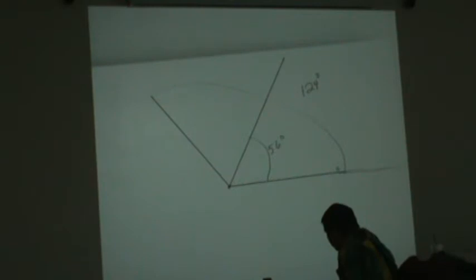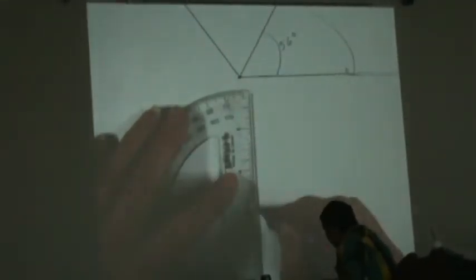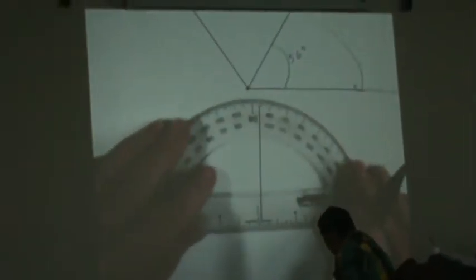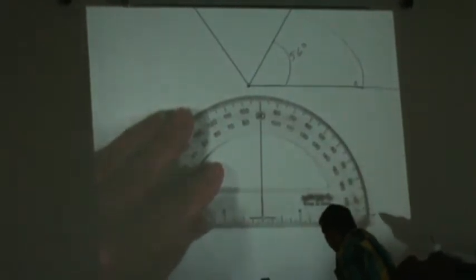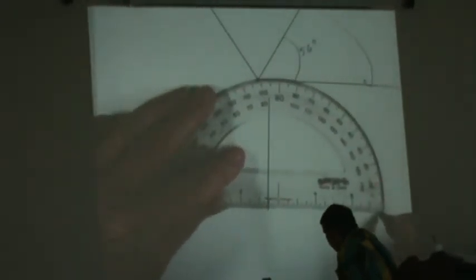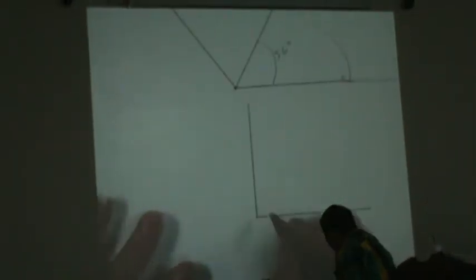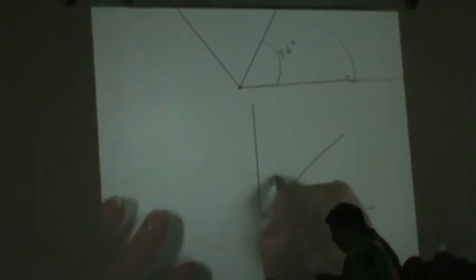Alrighty. I don't know if I can make a right angle. Oh, I guess I can. Okay, make a right angle. There's a right angle. Let's say we have two angles in here, angle 1 and angle 2.